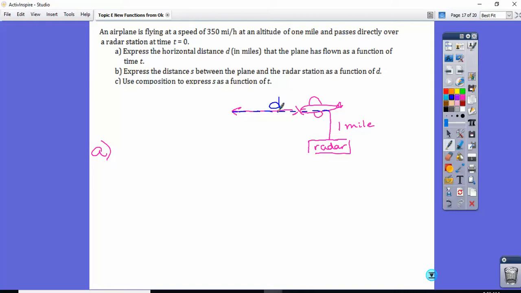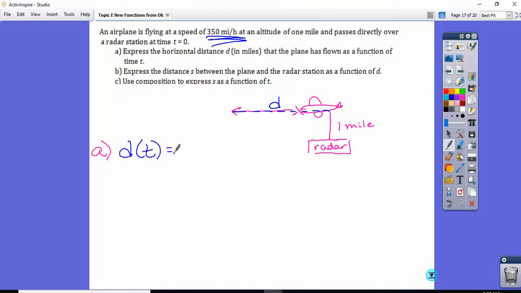Okay. What piece of information was given in the problem that we haven't used yet? Okay, we started here at t equals 0, and we're flying. And how fast are we flying? We go 350 miles per hour. So I want distance as a function of time.